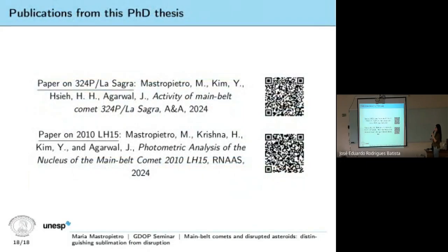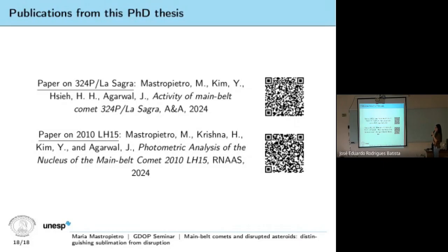And I conclude with my publications from my PhD thesis. One was on 324P. It was the first long temporal evolution study on this main belt comet, and so it was a valuable contribution considering the long-term evolution of main belt comets.